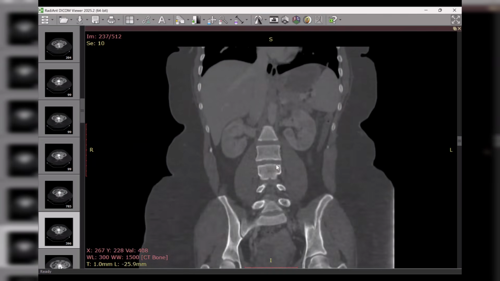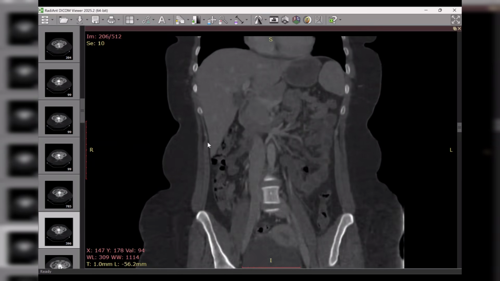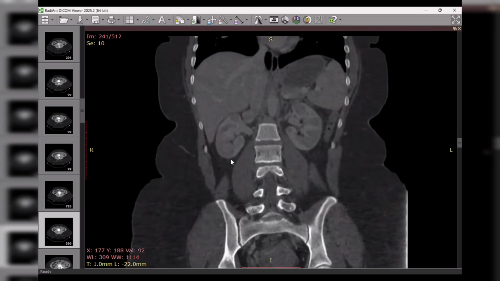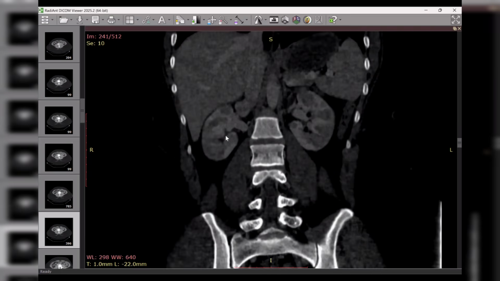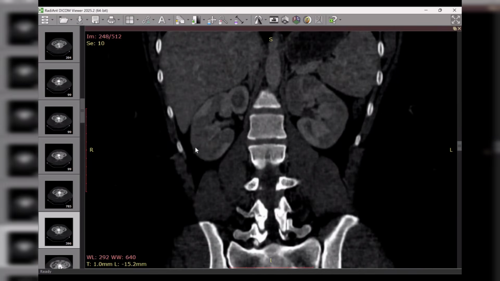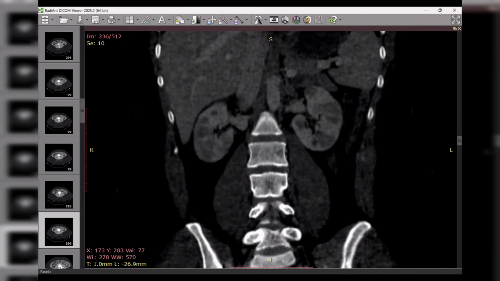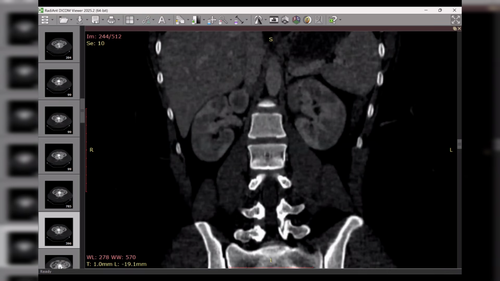Then I contacted the physician. He told me this is a known case of sickle cell disease on treatment. Okay, this is a little bit tough, I know. So there are small emboli causing some narrowing and vasculitis. Sickle cell vasculopathy. Yes, exactly.